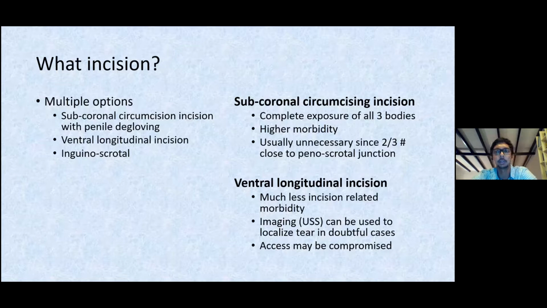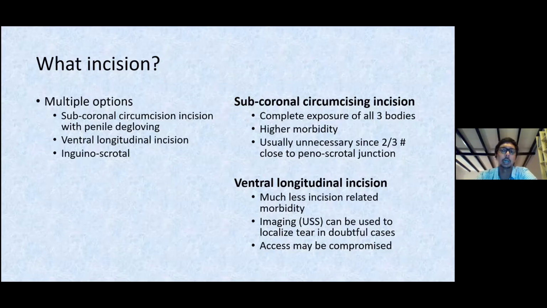But it is associated with significantly higher morbidity regarding the incision, especially because fractures usually occur at the proximal 1/3. There will be a lot of dissection from the distal aspect of the penis towards the penoscrotal junction region.